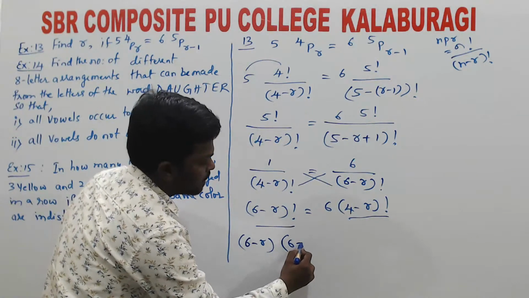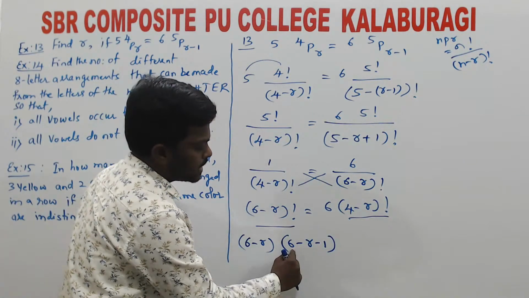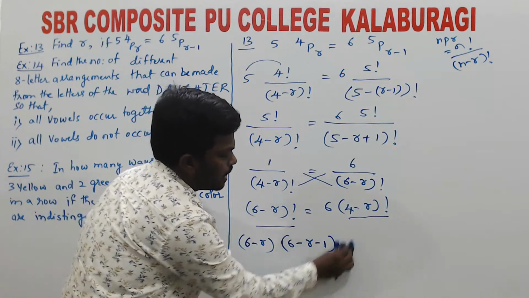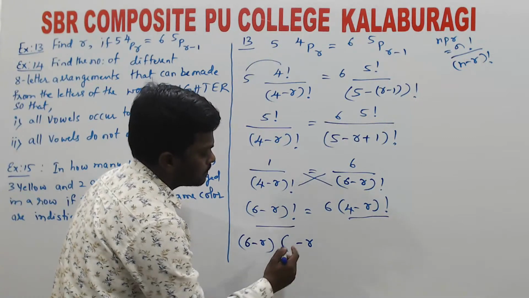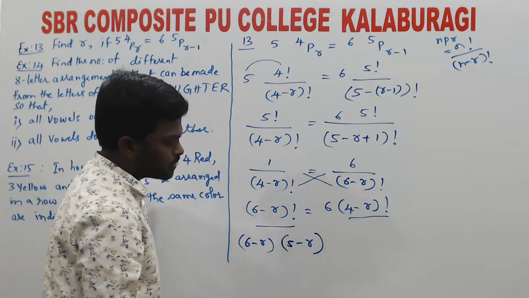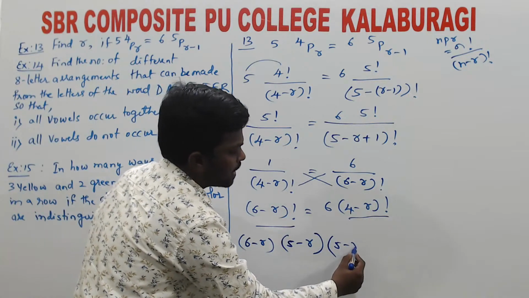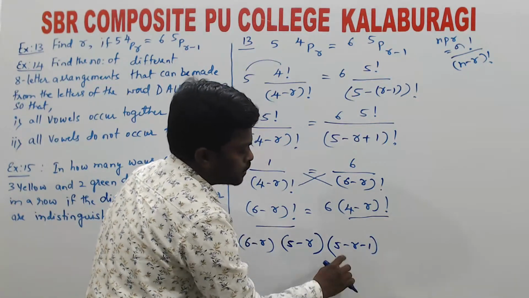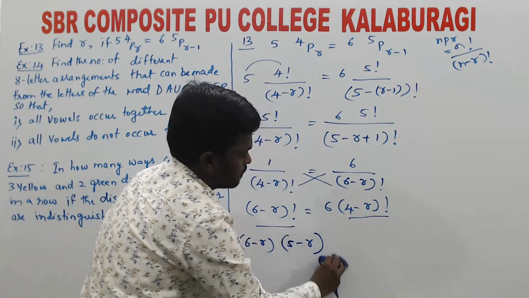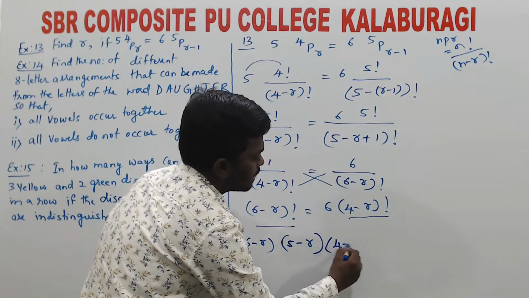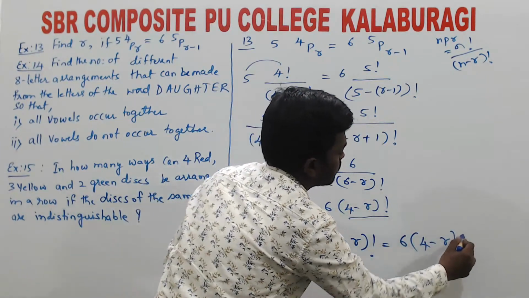Now reduce it by 1: 6 minus r minus 1. 6 minus 1 is nothing but 5, so can I write this as 5 minus r? Yes, students. Now again in the next term, it will be reduced by 1. 5 minus 1, what is 5 minus 1? 4. So I'll stop here because on the right hand side, I have (4 minus r) factorial.